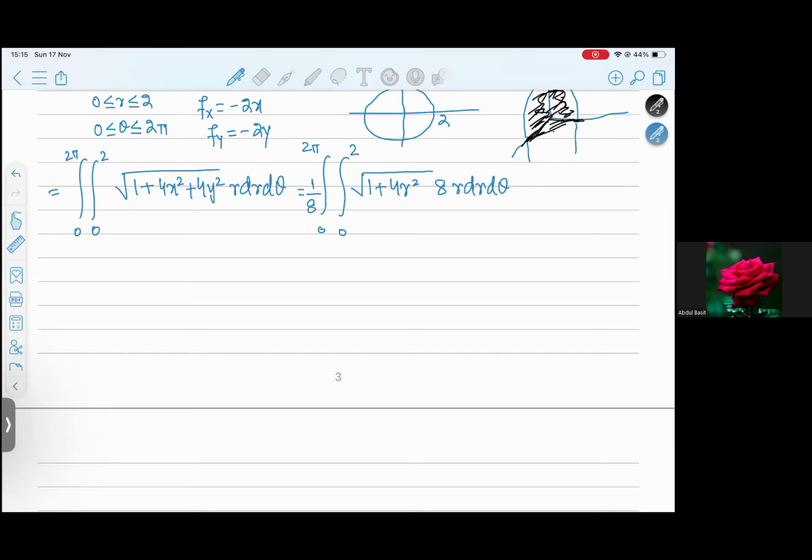Okay, now what I can do is separate the terms of r and split the integral.